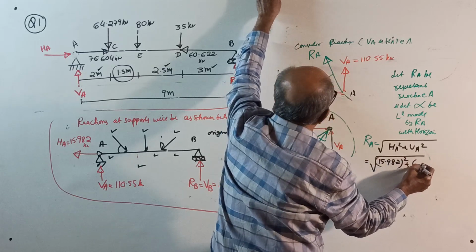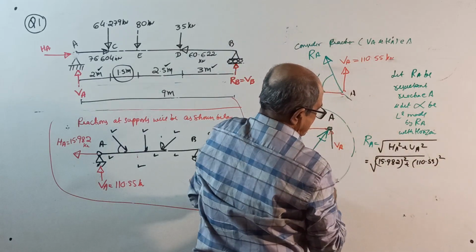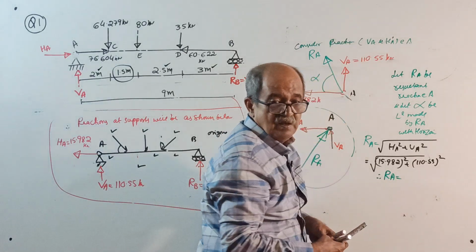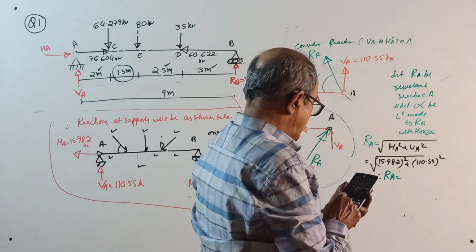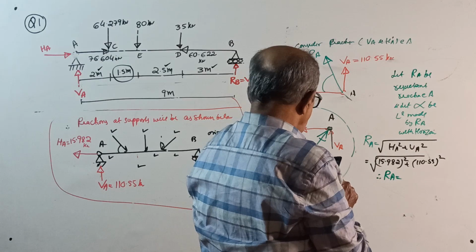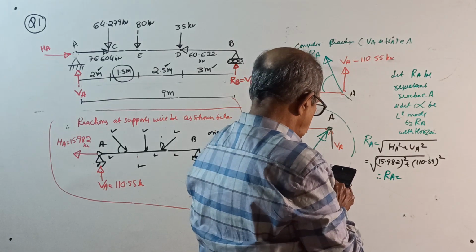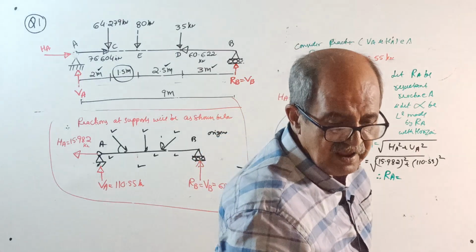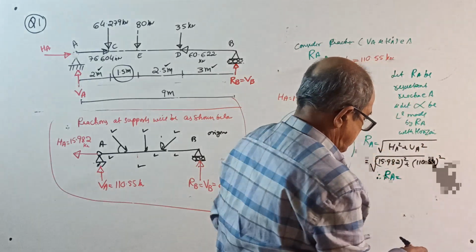This you have to do only if required. Therefore, your RA will come, answer 111.699.